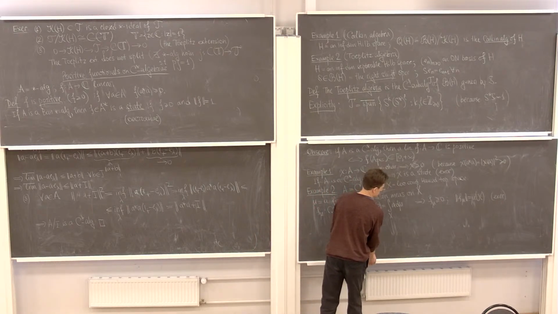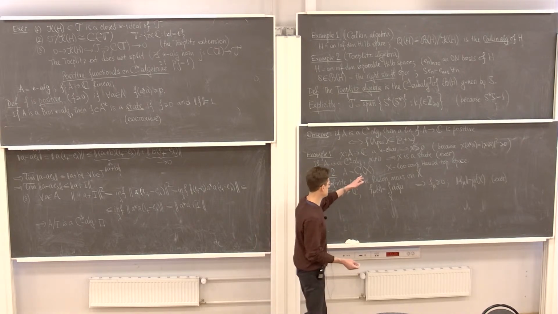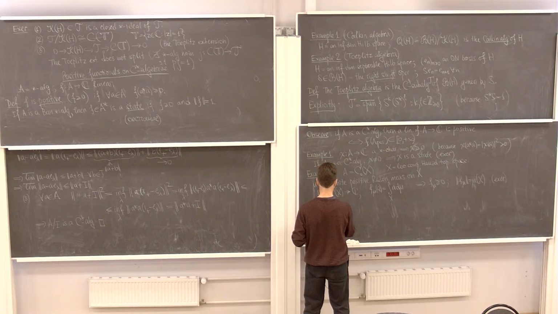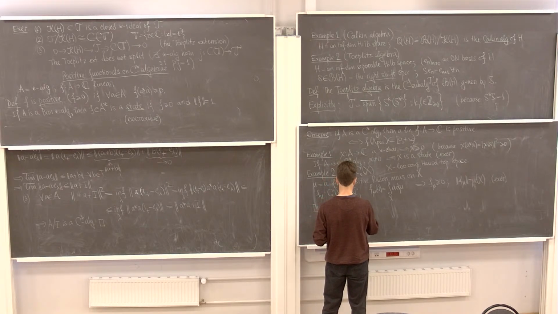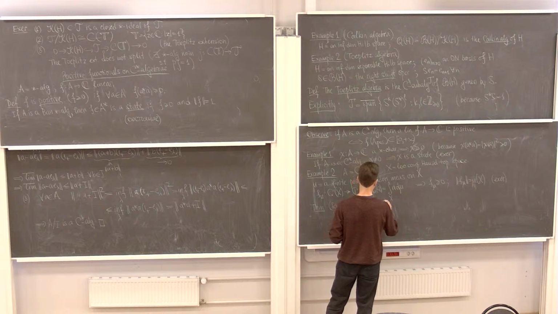And in fact, this example describes all positive functionals on C0 of X because we have the following classical result, which is called the Riesz representation theorem. And it is due to many people: Riesz, Markov, Kakutani, and many other authors.